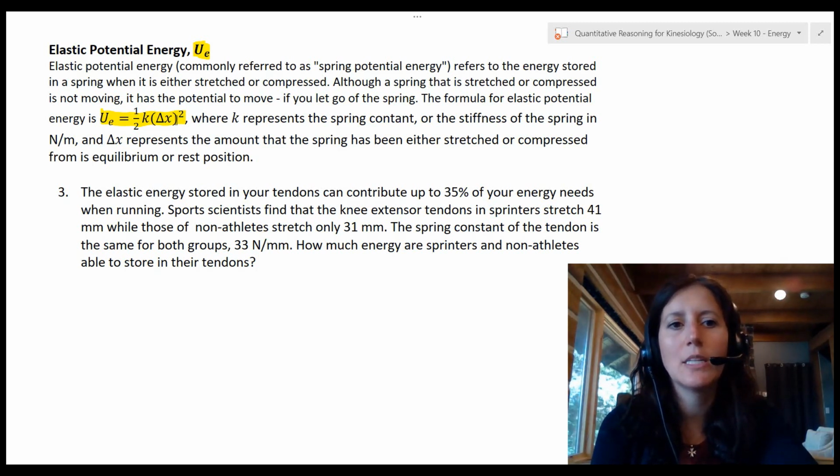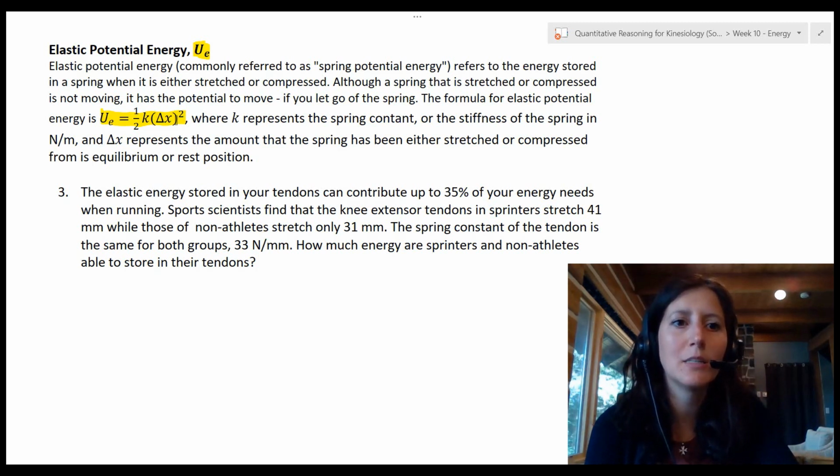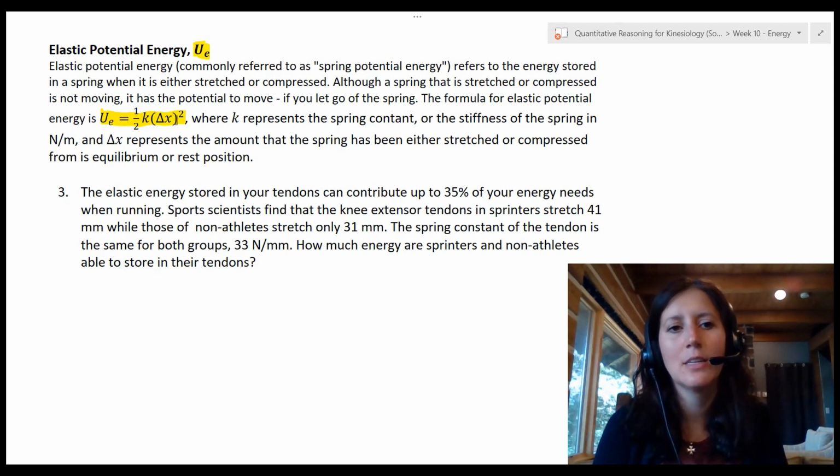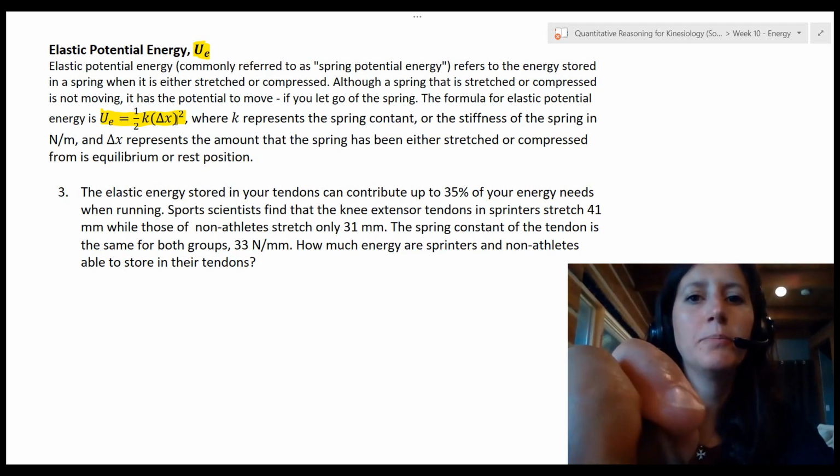Let's say a spring is regularly 3 centimeters long, and you stretch it so now it's 7 centimeters long. Well, now it's been stretched 4 centimeters, so 4 centimeters would be that delta X. Again, you would have to convert centimeters into meters, and then you would have your delta X value in the correct SI unit. Okay, so let's try out question 3.